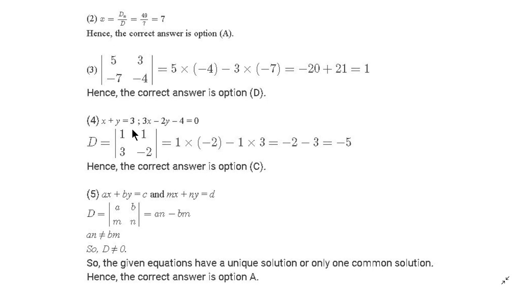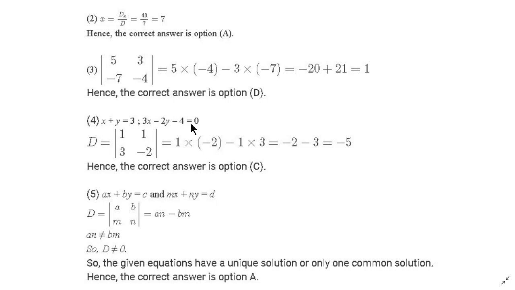Question number 4. To solve x plus y is equal to 3 and 3x minus 2y minus 4 is equal to 0 by the determinant method, find D. Firstly, we have to convert this second equation into standard format.